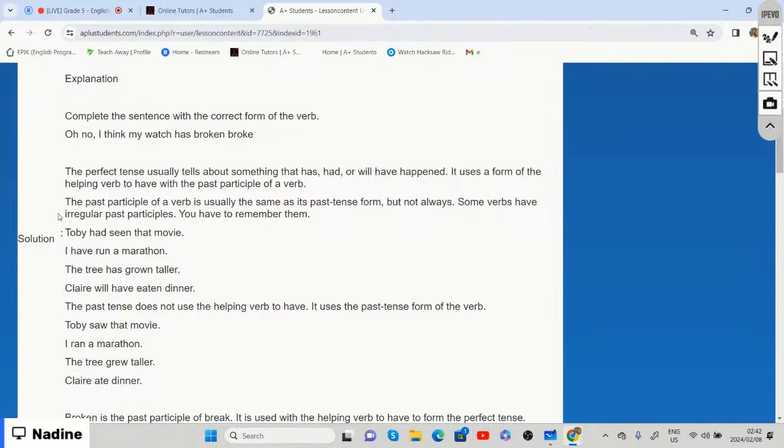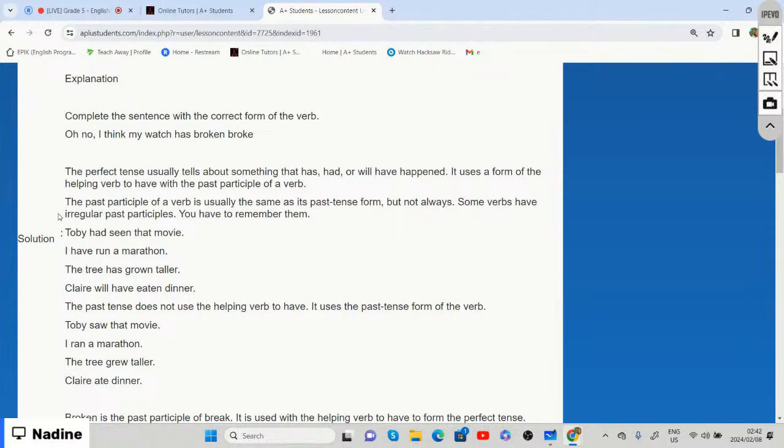Some verbs have irregular past participles, and you're going to have to remember that.